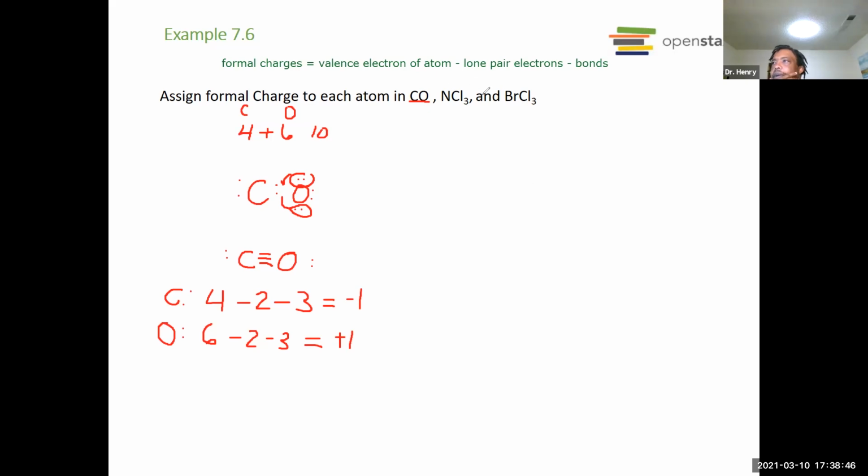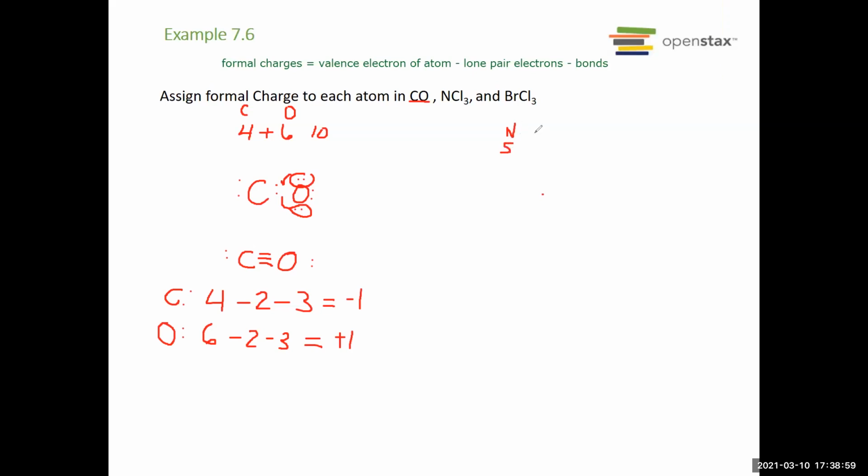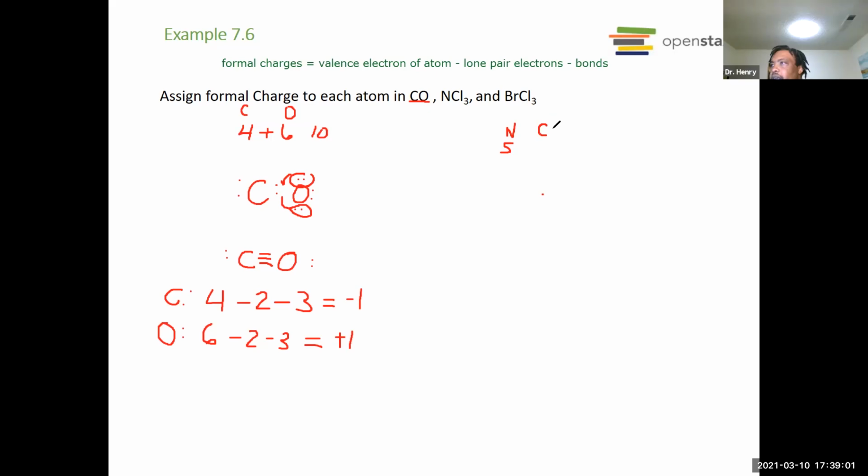Okay, so what about the nitrogen chloride? Nitrogen has how many valence electrons? 5. The chlorine has how many? 7.